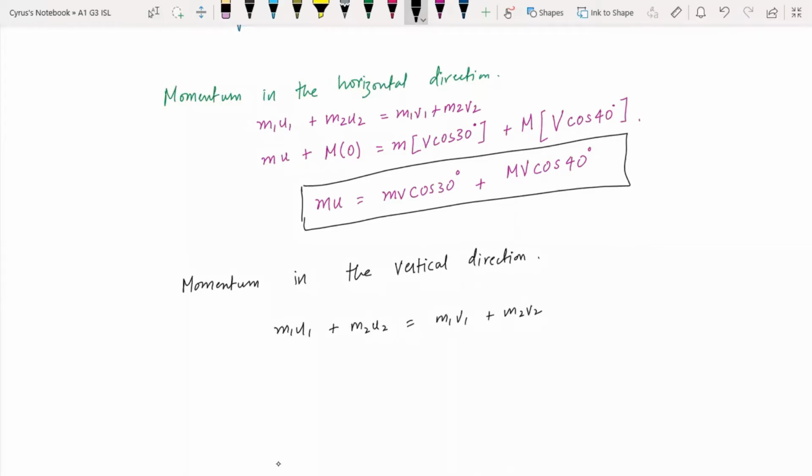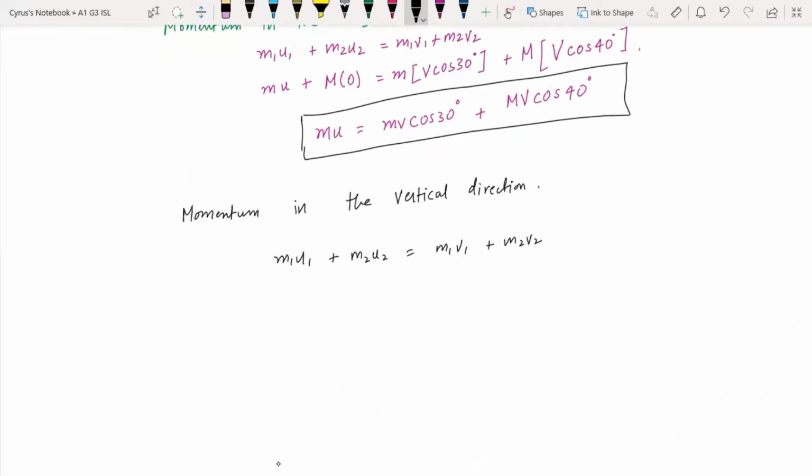But you already know that since the objects are not moving vertically initially, what's going to happen is that this entire thing goes to zero.